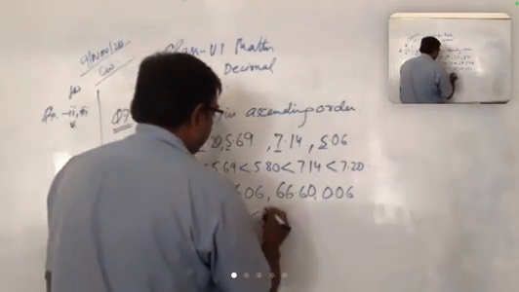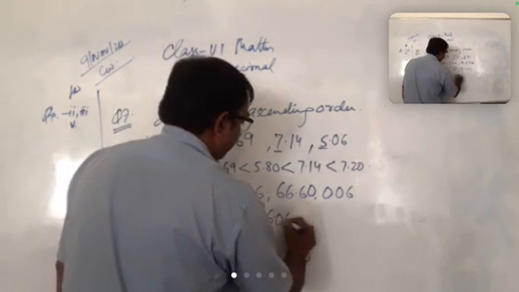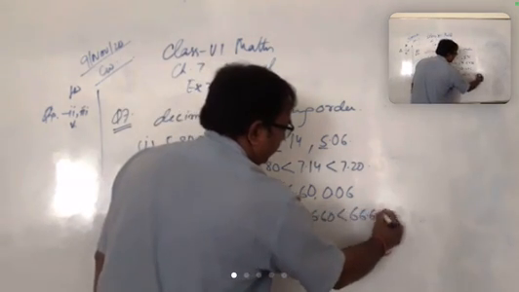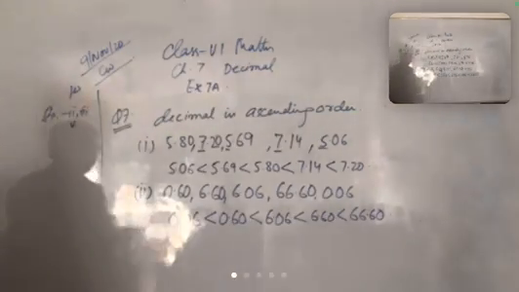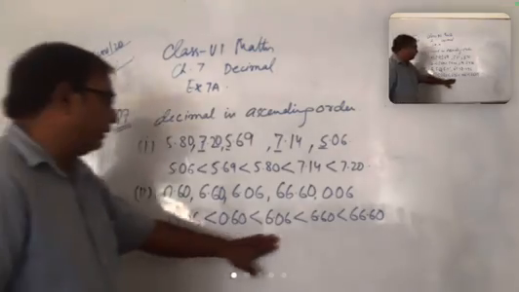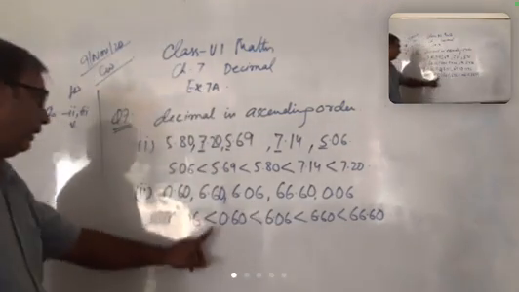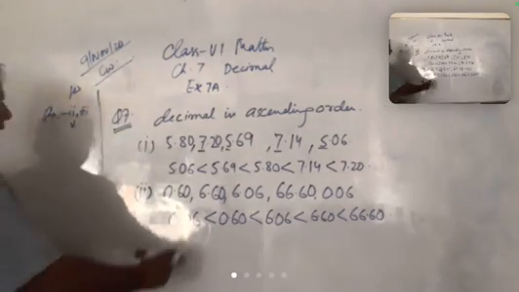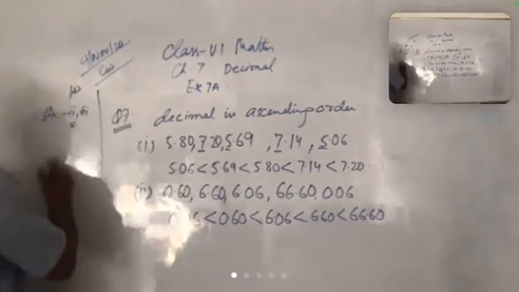Now the next number is 6.06. Then 6.60, and the last number is 66.60. This is the solution for this question, and now this is in the ascending order. This sign is called less than sign. Everyone has to remember this.